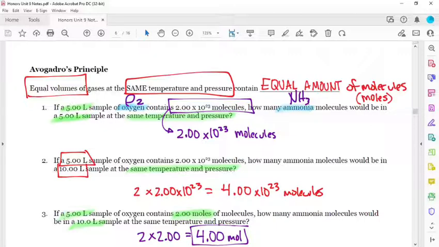And it throws people off sometimes that it asked for molecules and my units on my answer here are moles. They are not the same thing. But this is kind of like if you asked me, if I was bringing donuts to class or something, and you asked me, how many donuts are you bringing, Mrs. Gunter? I could either tell you I'm bringing 36 donuts, or I could tell you I'm bringing 3 dozen donuts.